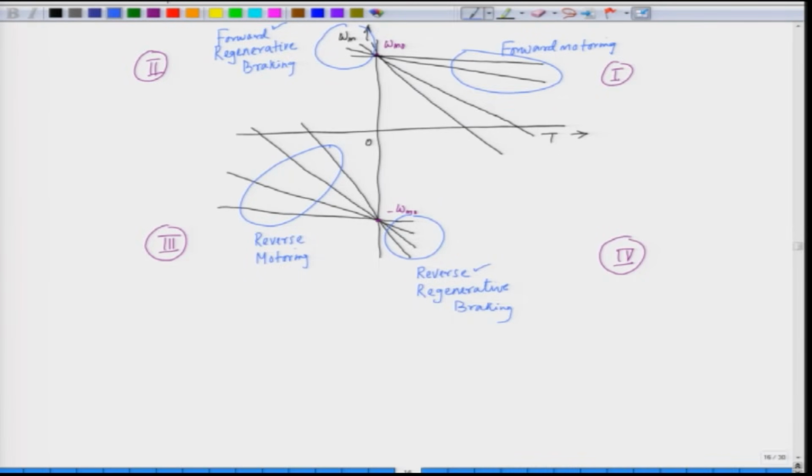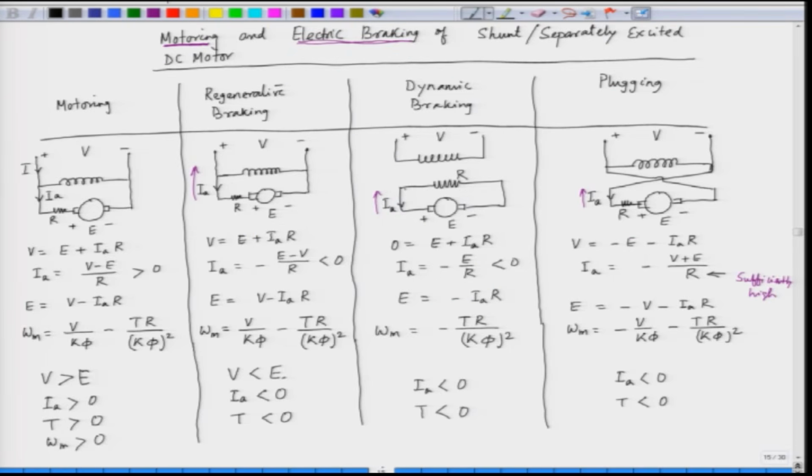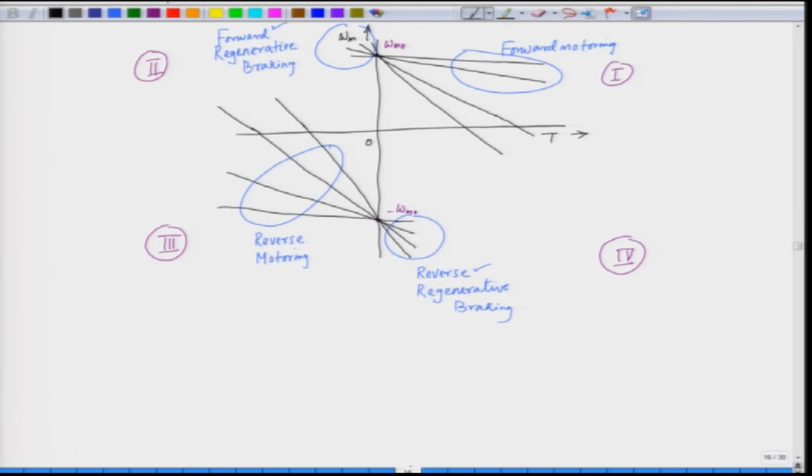Now, the part of the characteristic which is appearing here: if we go back to this equation, it is actually the equation in the third and second quadrant. So, this corresponds to plugging. When the no load speed is negative and we extend it to the second quadrant, we get plugging.